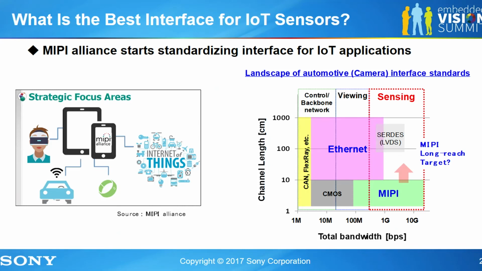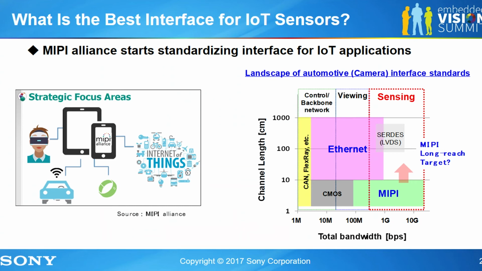And next, of course, our target is IoT or embedded systems. So basically, MIPI has evolved in the mobile market, but now they're also focusing on areas beyond mobile. This is an example of the automotive camera interface standards landscape, and automotive Ethernet is limited in speed, around 1 gig.